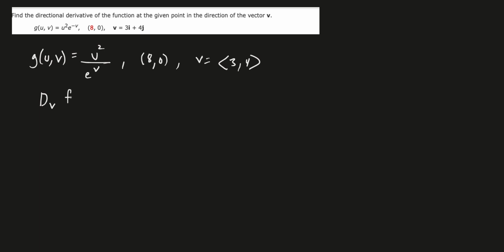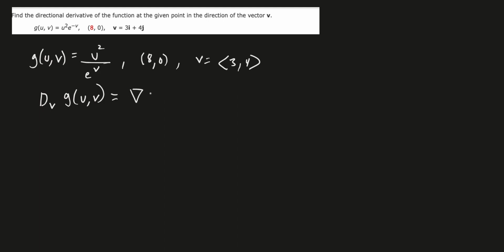And then the function, it's not f, it's g(u, v). And these v's are not the same, by the way. Just to be clear, this is a v that represents the independent variable, and this is a v that represents the vector.